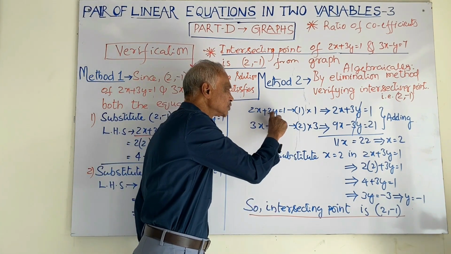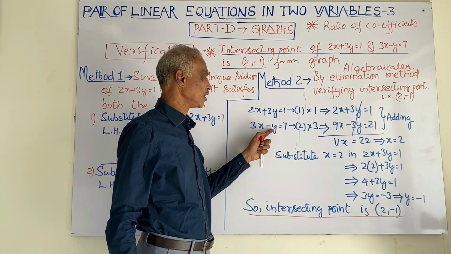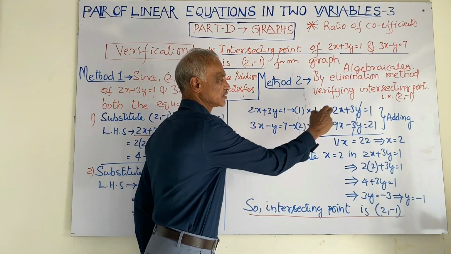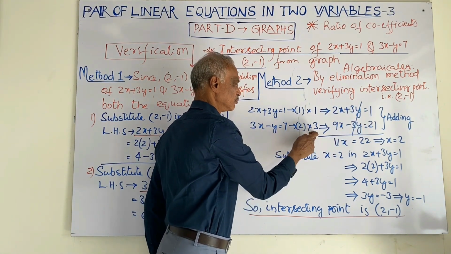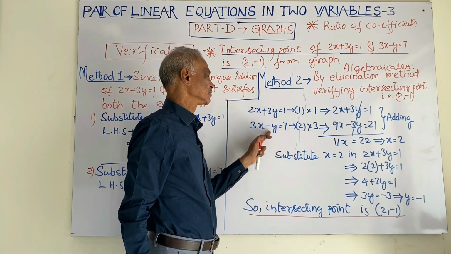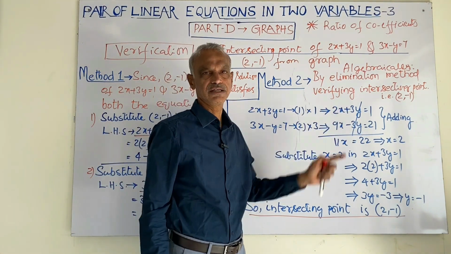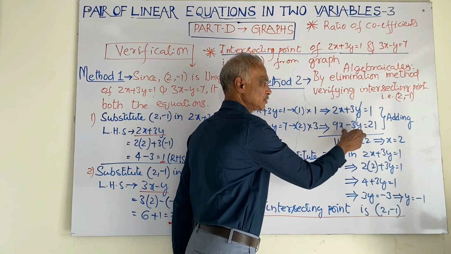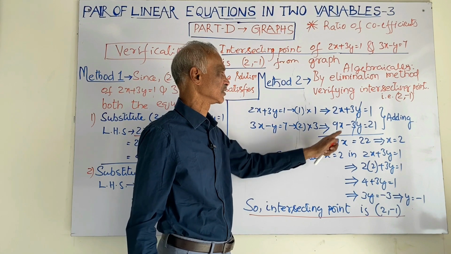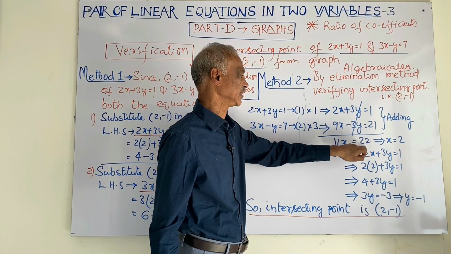We have to equate these two terms. 3y is here, y is there, so multiply this with 3 and the other with 1. 2x plus 3y is equal to 1, and multiplying the second, you get 9x minus 3y is equal to 21. Adding these two equations, 2x plus 9x is 11x, 3y minus 3y cancel. 1 plus 21 is 22.